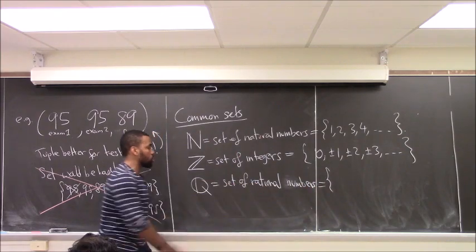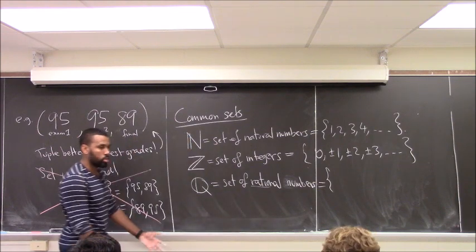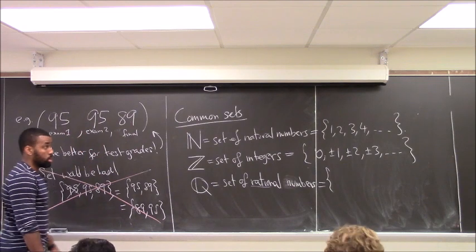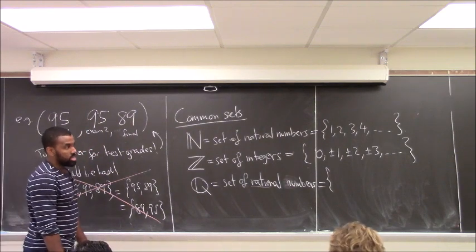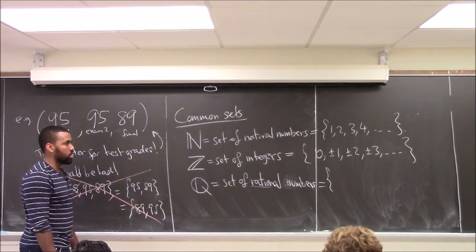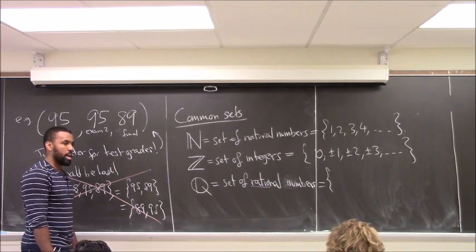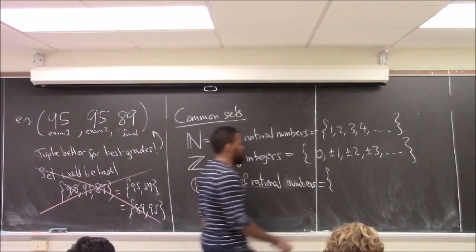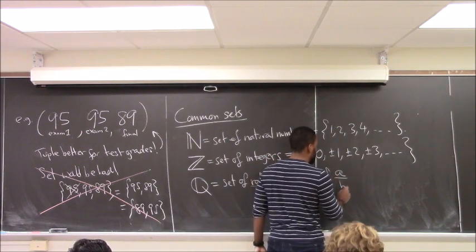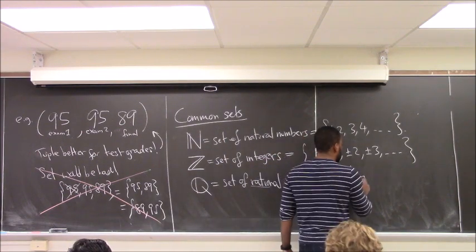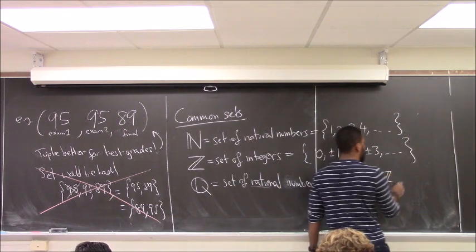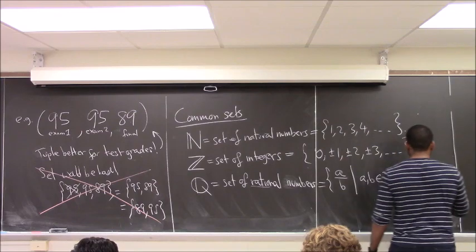Rational from the root word ratio, it's when we take a ratio of two integers and the denominator is not 0. Now, it's very hard to actually write down a list of all these that will capture the pattern for you, even though it just means a list of all fractions. But usually we represent it as a divided by b, such that a and b are members of the set Z, and b is not equal to 0.